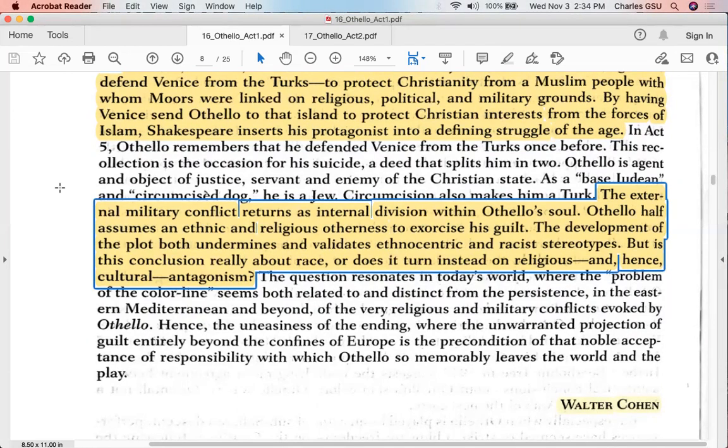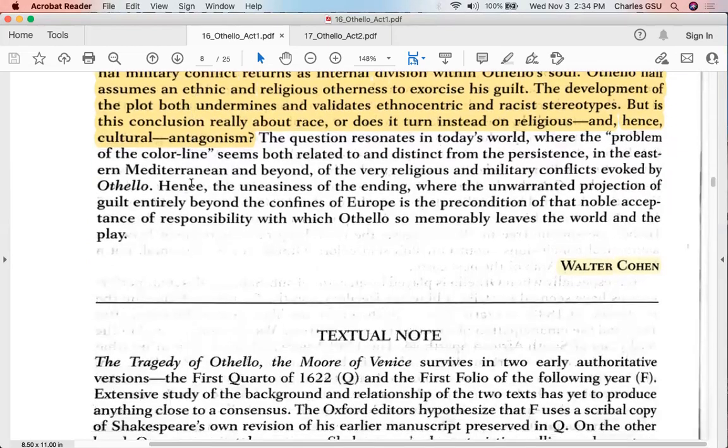But is this conclusion really about race, or does it turn instead on religious and hence cultural antagonism? And that's a question you could try to answer in the second essay, because you could certainly write on Othello in essay 2. Okay.